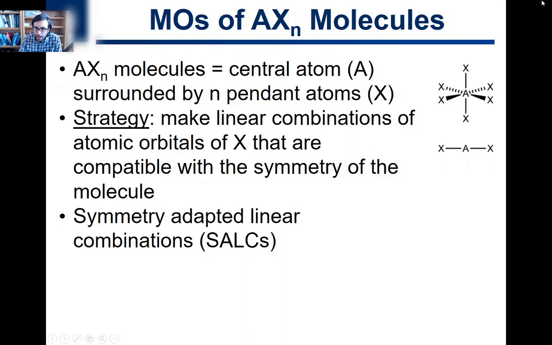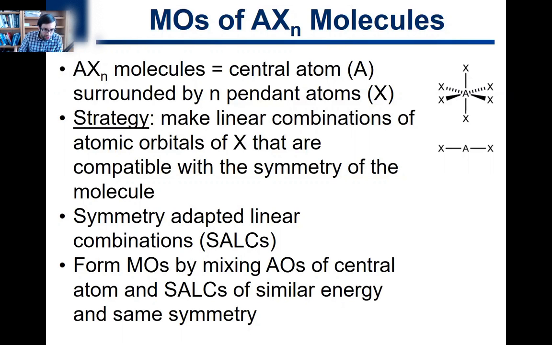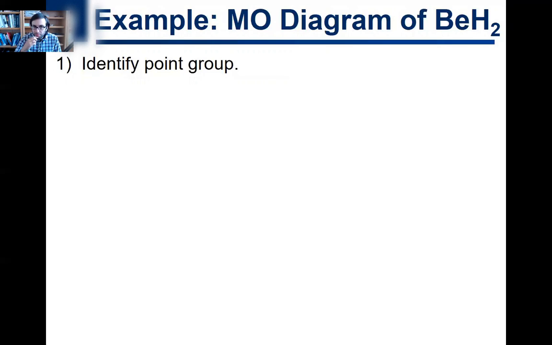We're going to be taking combinations of the atomic orbitals on the terminal atoms, looking at the different combinations, seeing what combinations there are, and then we're going to be mixing them together according to their symmetry. So that's what this says. We're going to form molecular orbitals by mixing atomic orbitals of central atoms and the symmetry-adapted linear combinations, the SALCs, of similar energy and same symmetry.